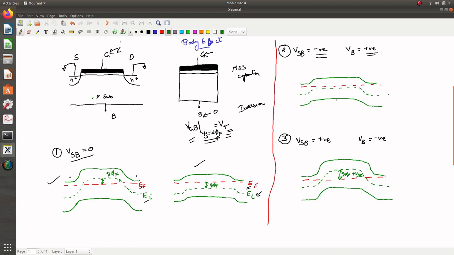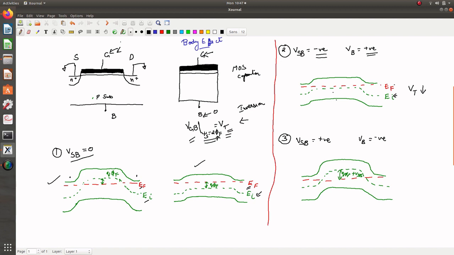Let us see, the intrinsic energy level is below the Fermi level when we apply a positive voltage at the body or the substrate, which means that the gate voltage required to bring in inversion will be lesser, because already the intrinsic level is beneath EF.